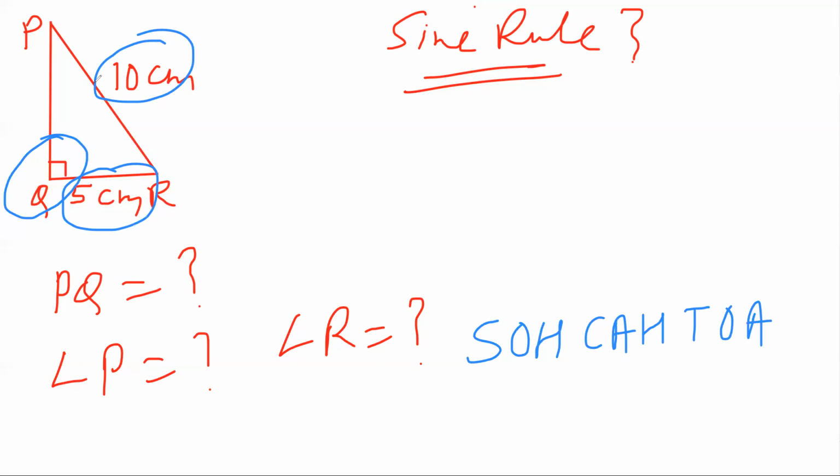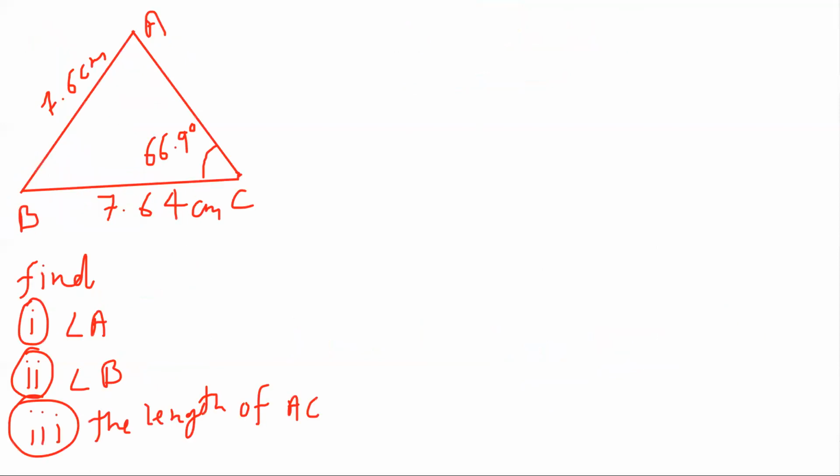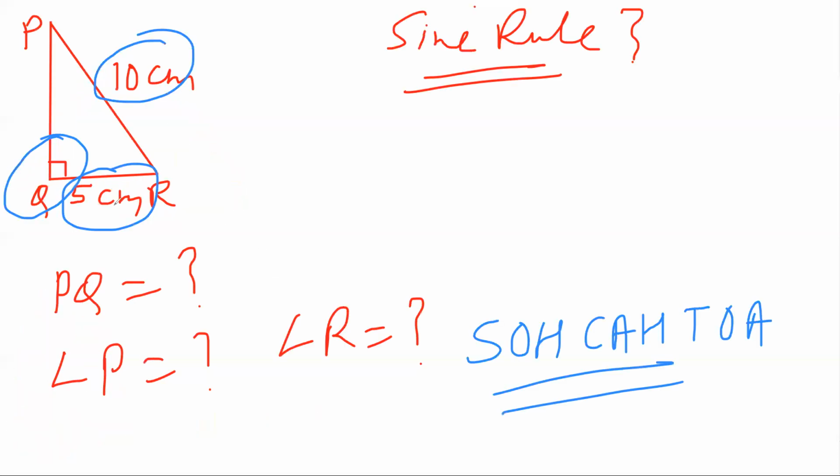So why do we need the sine rule when we can already do that? That's because for applying SOHCAHTOA, you have to have a right-angled triangle. What if it's not a right angle? Something like this: a triangle ABC with the same amount of information, one angle and two sides, as in this question here.